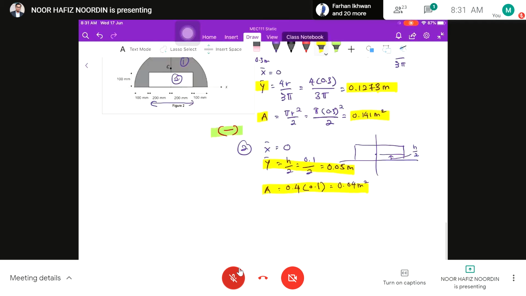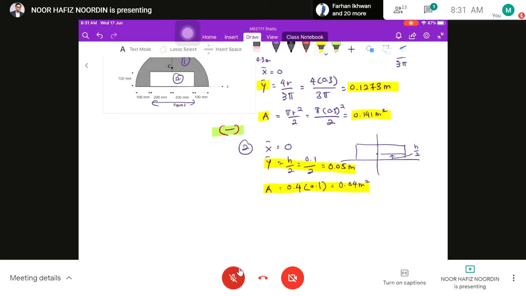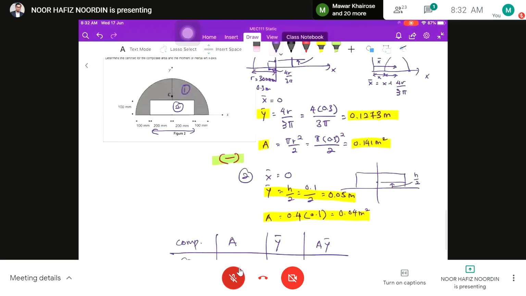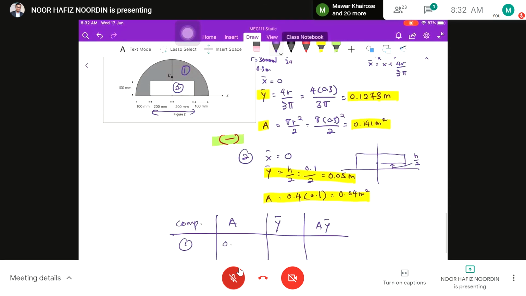Now we draw the table. Okay, so table is like this. So we have component, area, y bar that we already calculated just now, and then A times y bar. So component number 1, which is the semicircle, A is 0.141 meter squared, and then the y bar is 0.1273.